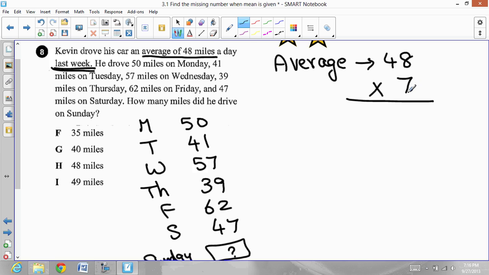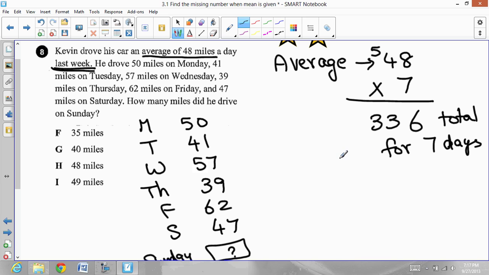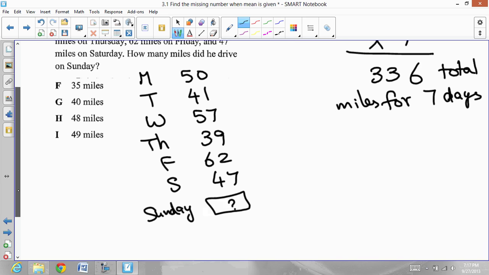Let's multiply that by 7. 8 times 7 is 56. 7 times 4 is 28. 29, 30, 31, 32, 33. Now 336. When you multiply it by the number of days, this 336 is the total miles for 7 days. Now let's focus on the second information which you are given.